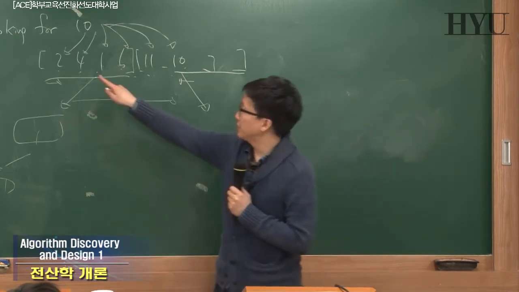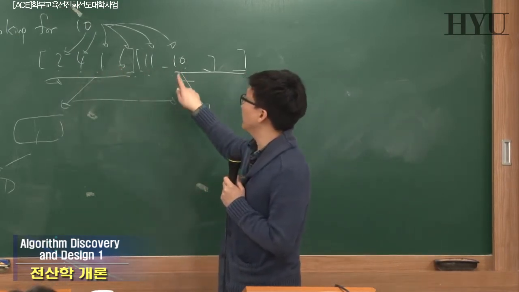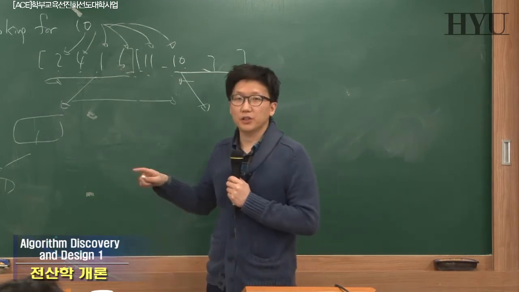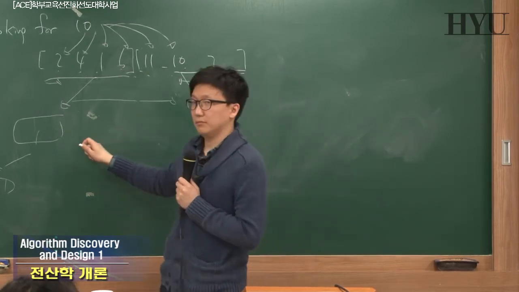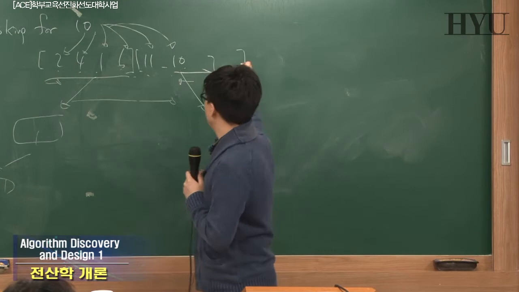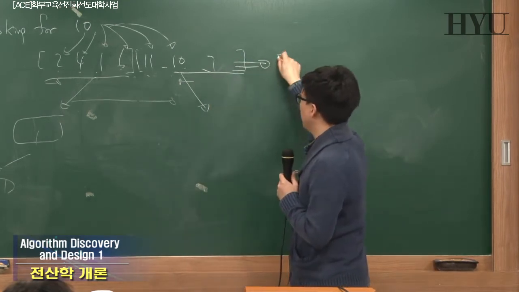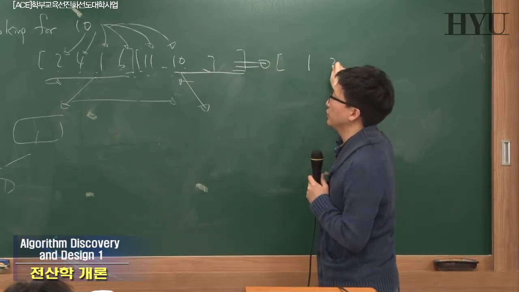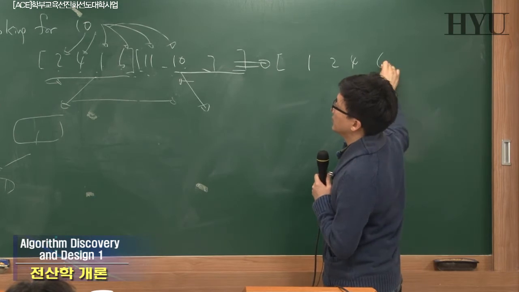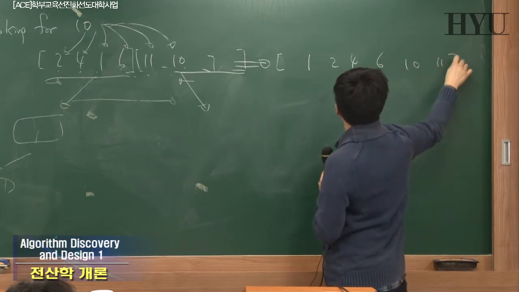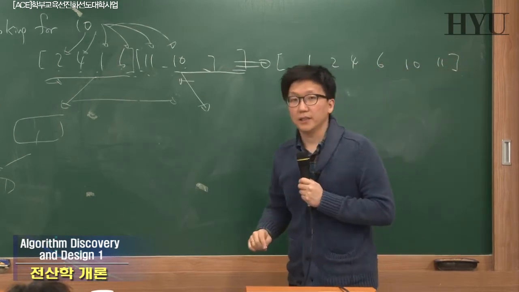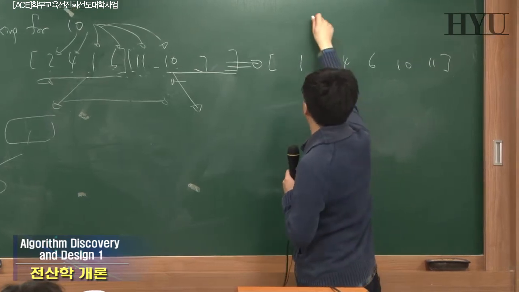Say I have 2, 4, 6, 11, 10. Before I do a search, I probably do a sorting first. So I create a new list: 1, 2, 4, 6, 10, 11. And then I'm going to look for 10.